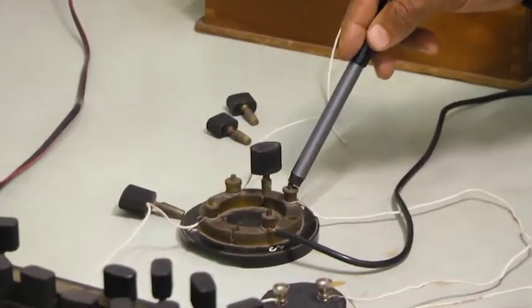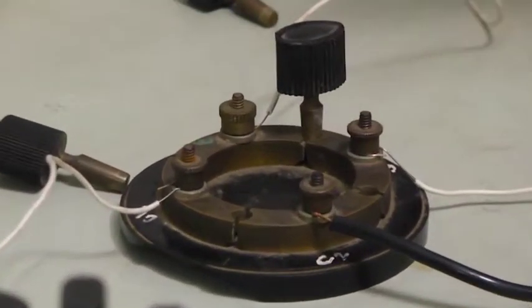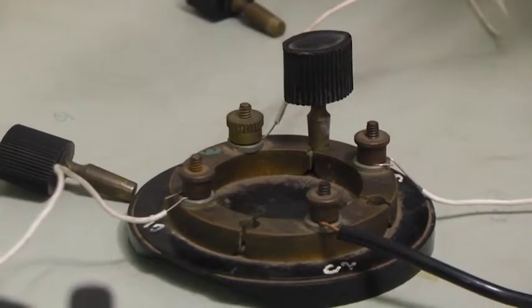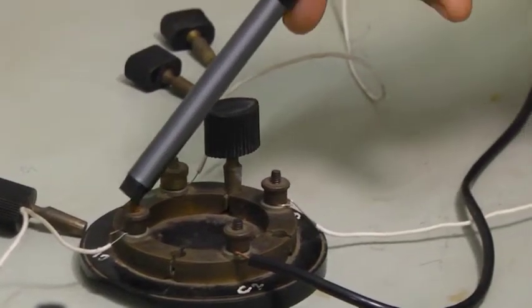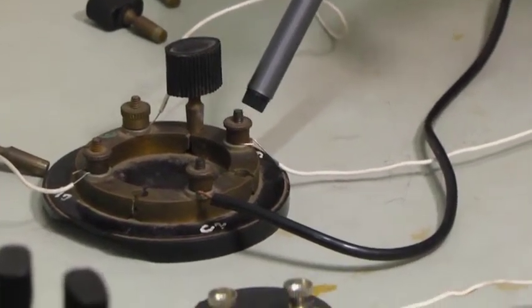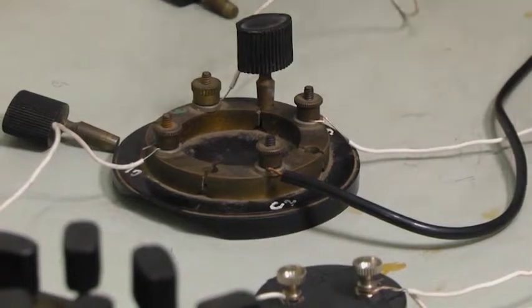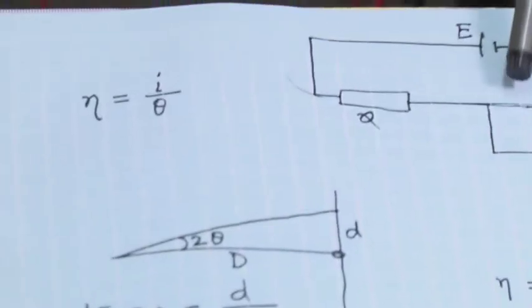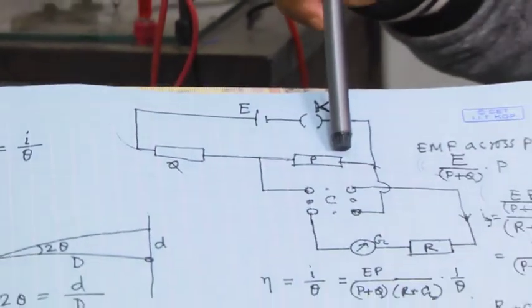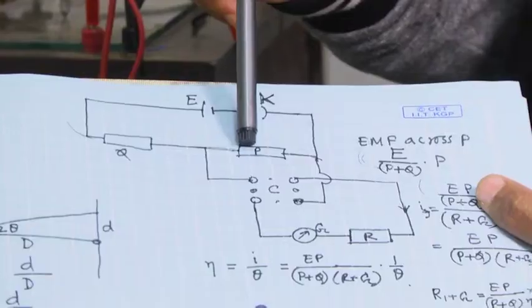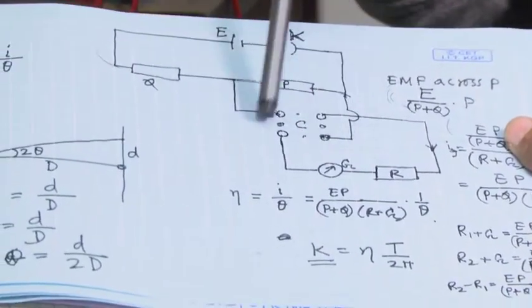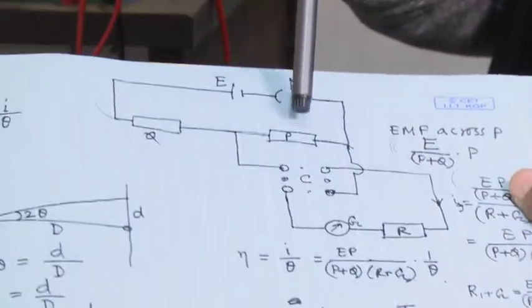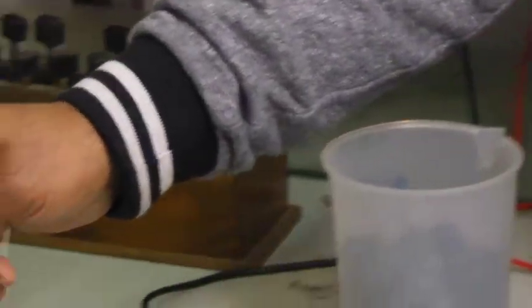This arrangement, as I told, is just for reversing the current in the opposite direction. Now the battery, as I mentioned, we will connect just across this P, because whatever the voltage drop across P, that will be taken as the EMF for this part. So these two are connected across the P.